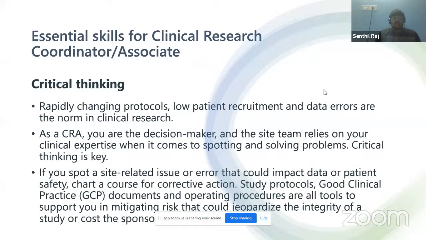Then coming to critical thinking, this is a big role. They will be calling you regularly from the site, telling you, I had this issue, do you have any solution? Or why can't you solve this? So we have to go sit with them. You have to call them and ask what has happened, what can be done.